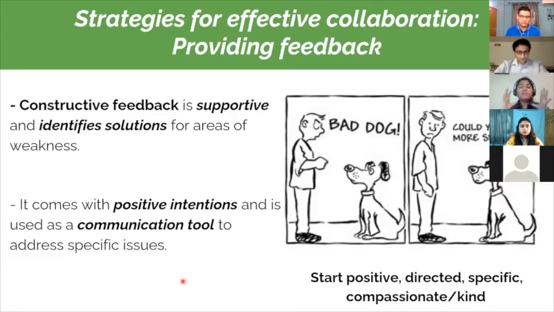If you see there is good trust in our team, then you should give constructive feedback, meaning your feedback must be supportive and identify solutions in the weak area of your team member. So you must first of all be supportive, and you need to find some solution from his side actually.